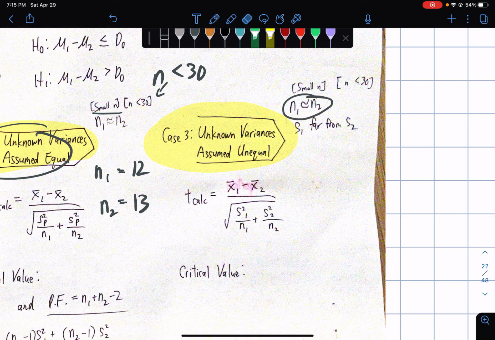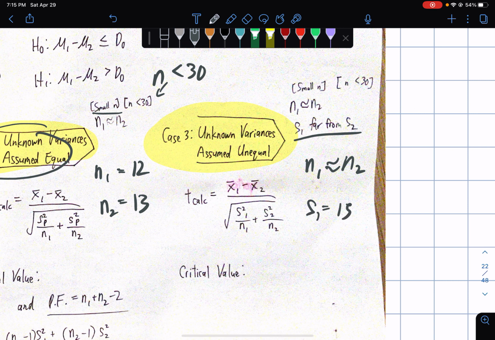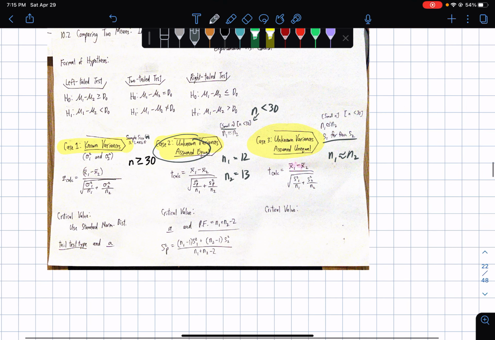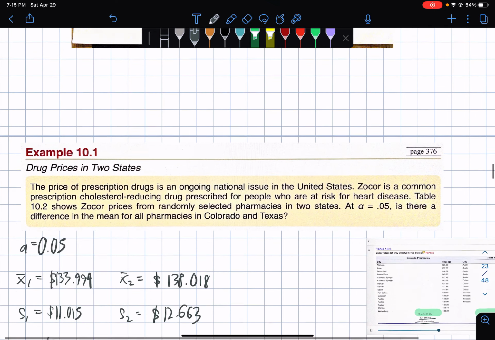It's still the same concept as case 2 in terms of n1 being roughly equal to n2, but then s1 and s2 are far from each other. So let's say s1 is 15, s2 is 42. So they're very far numbers from each other. So yeah, that's it. Those are important assumptions that you have to know.